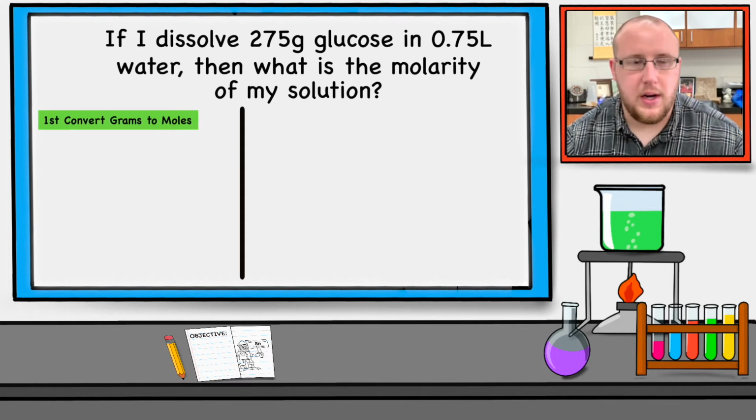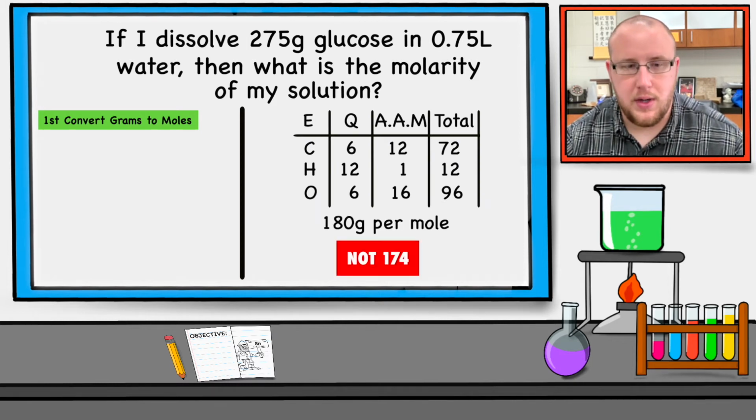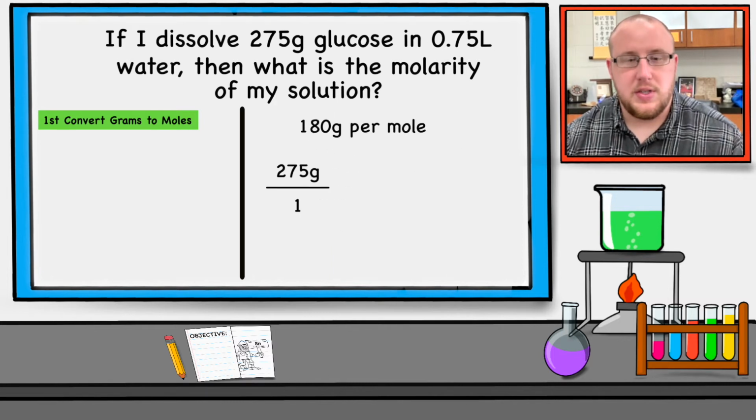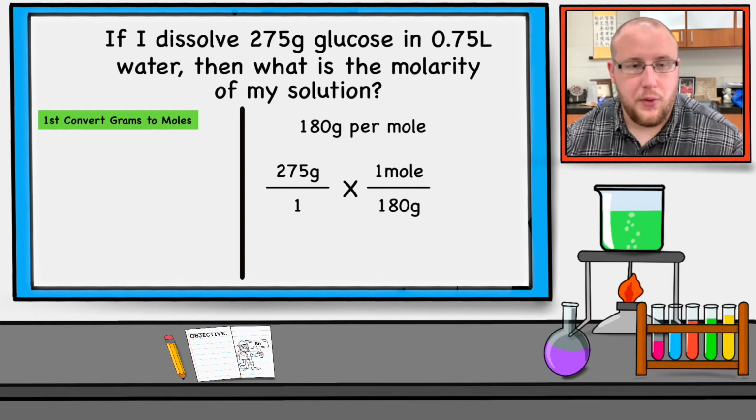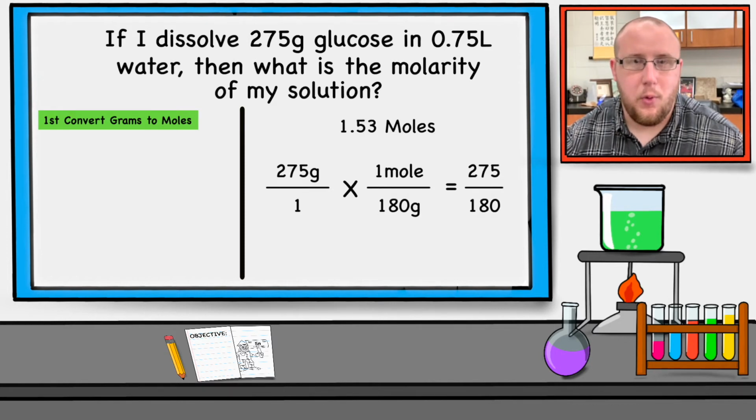We do this by creating our formula mass table for glucose and find that the formula mass for glucose is 174 grams per mole. Now I put my 275 grams of glucose over 1, and then I multiply it by 1 mole over 174 grams. That gives me 275 over 174, which equals 1.58 moles of glucose.